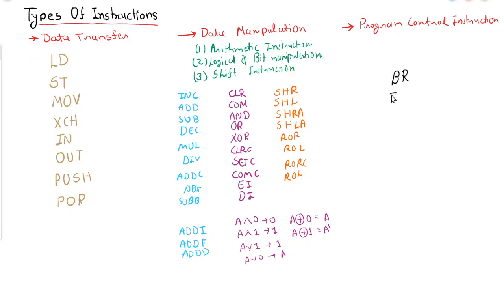Next instruction is jump. Next instruction is skip. Next instruction is call. Next instruction is return. Next is compare, and last is TST.